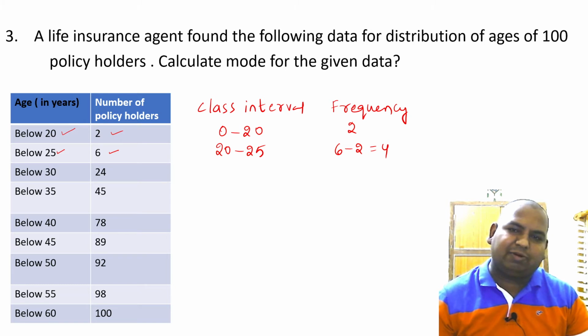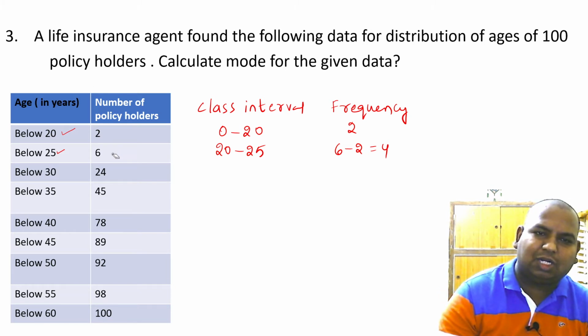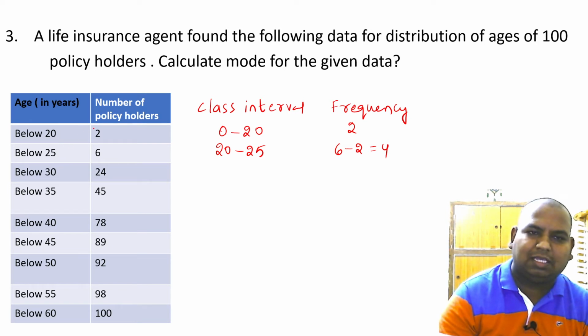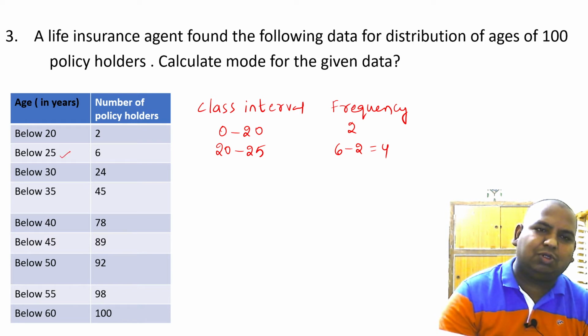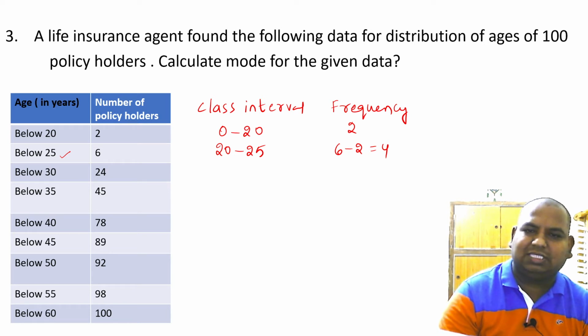So in between 20 and 25, 6 minus 2, 4. I want to know how many people are present whose age is in between 20 and 25, so that can be known by doing 6 minus 2.